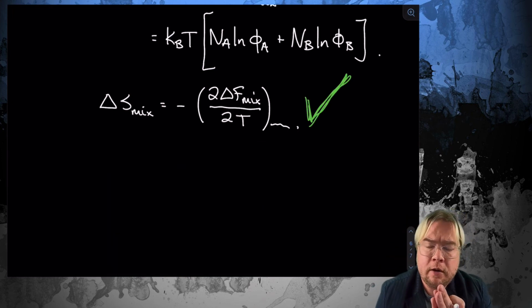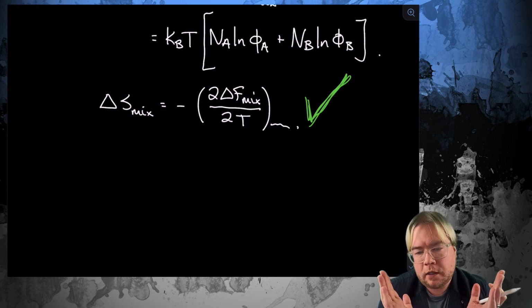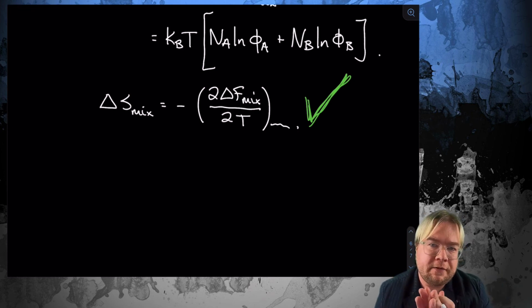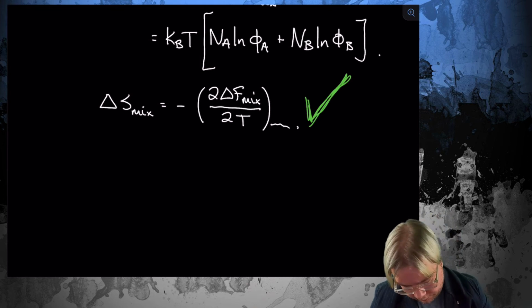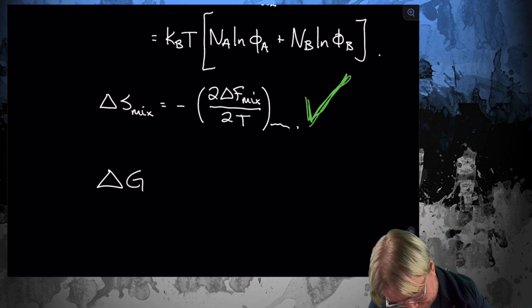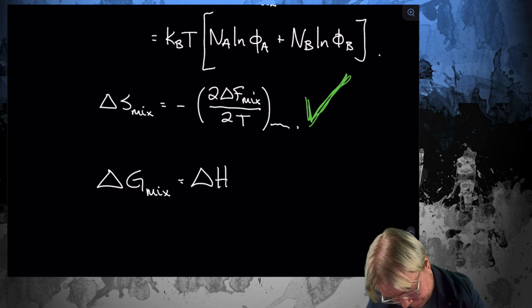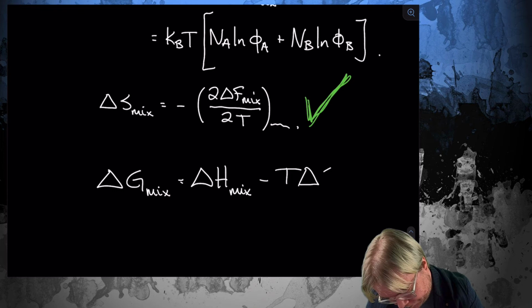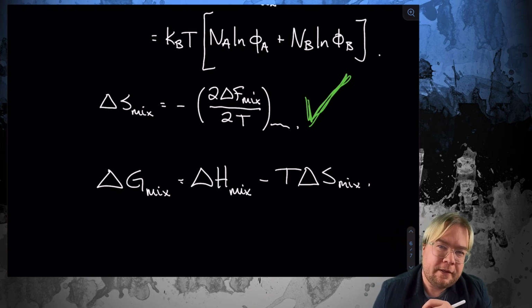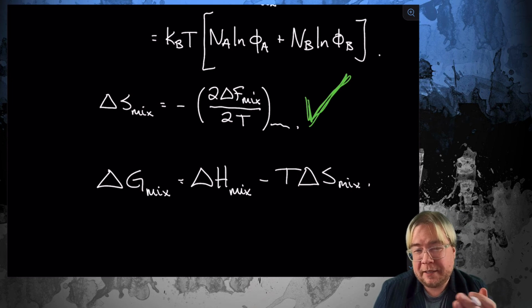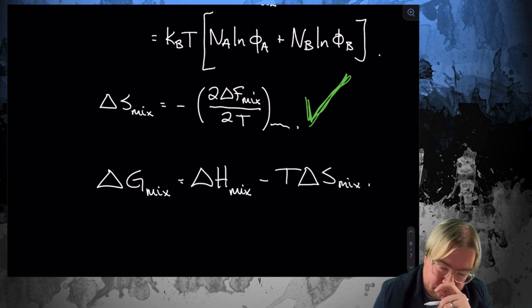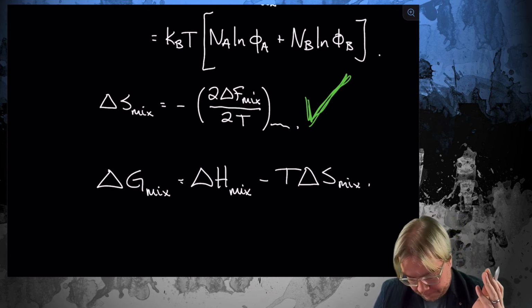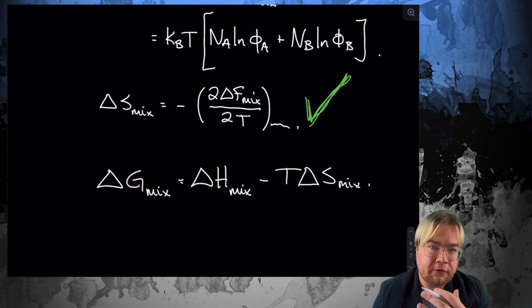Before I go on, what if I wanted to do delta G instead of delta F? Well, delta G mixing will be delta H mixing minus T delta S mixing. So you've got enthalpy now instead of internal energy. So what do we do? Well, enthalpy is still going to be related to interactions.